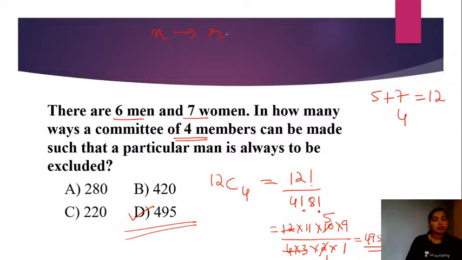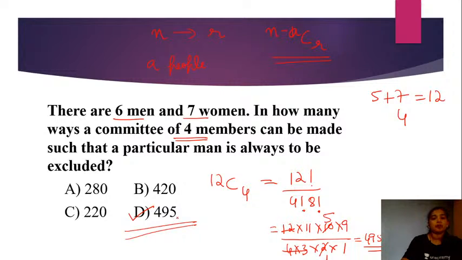If a particular person is always excluded, your required answer would be (n minus 1)Cr. Here I'm taking the value as 1. Suppose you're excluding A people, or A items are to be excluded, in that case your required answer would be (n minus A)Cr, right?